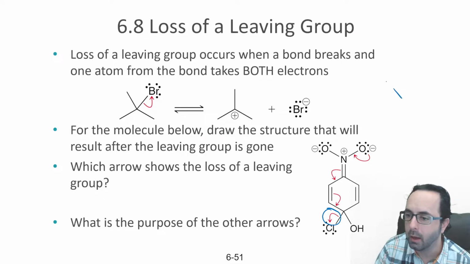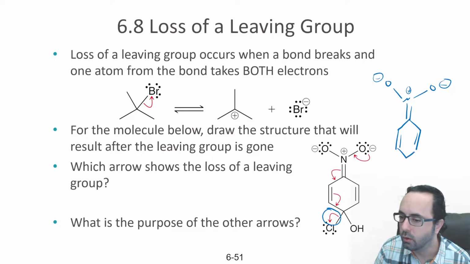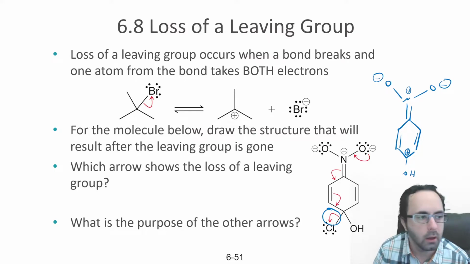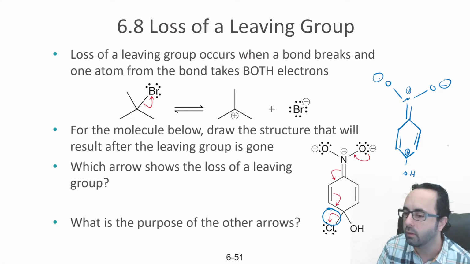If we were to draw the remainder of the structure, but I'm not going to draw all the lone pairs, after this chlorine leaves, we'd end up with a positive formal charge right here, because this carbon had 4 bonds and no lone pairs, but now it has 3 bonds and no lone pairs. And then we'd also have the chloride ion left. We can draw that over here, but it's not as important.